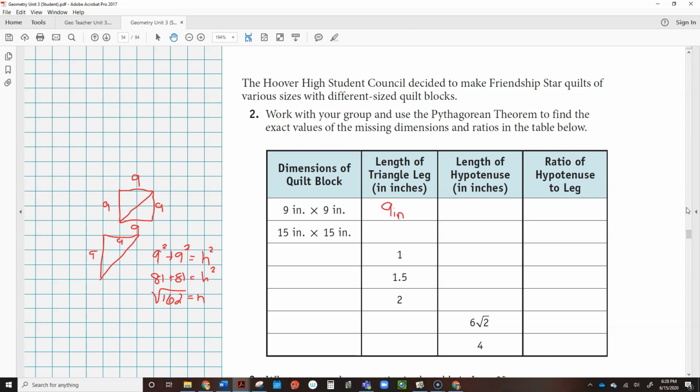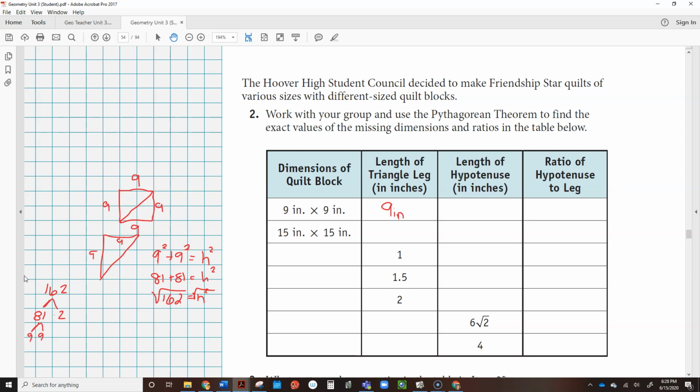Uh-oh, I did some math here that I didn't say. Let me go ahead and put the square right there, and then we'll take the square root of both sides. So I added those two together: 162 is equal to the hypotenuse squared. I've got to figure out what the hypotenuse is, so I take the square root of both sides. 162 is not a perfect square, but if you factor 162, you find out that it is 81 times 2, and 81 is 9 times 9.